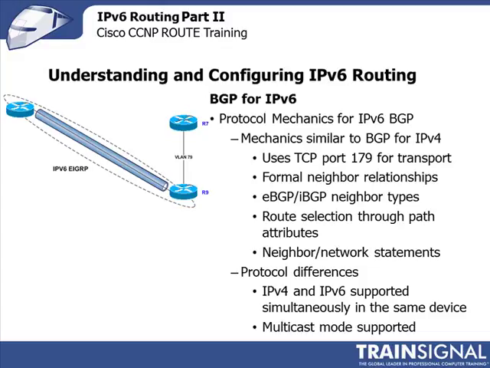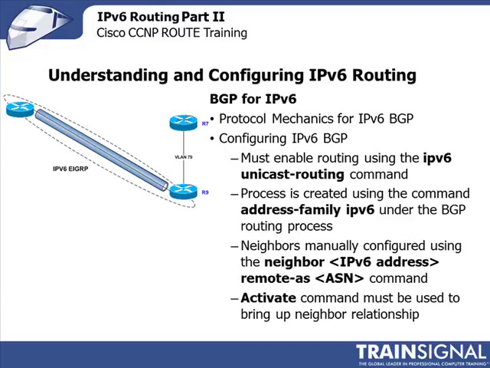The difference is that unlike the other protocols, IP version 4 and IP version 6 are supported simultaneously on the same device. It's actually through a construct called the address family command. There's an address family IP version 4 and there's an IP version 6 construct as well. There's also a multicast mode that's supported with BGP for IP version 6.